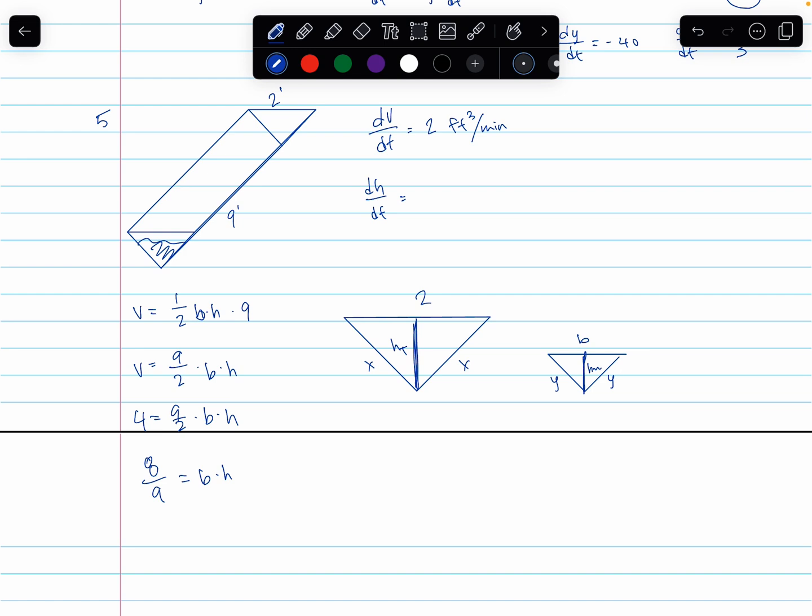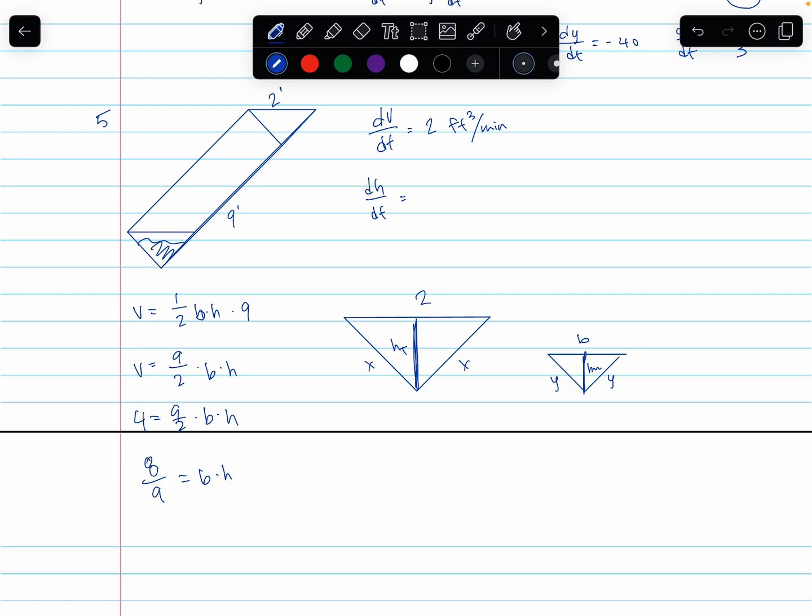Am I missing something? I need to read the question again. So the question, I feel like I'm missing something. So, the trough is 9 feet long, and its cross-section is the shape of isosceles.